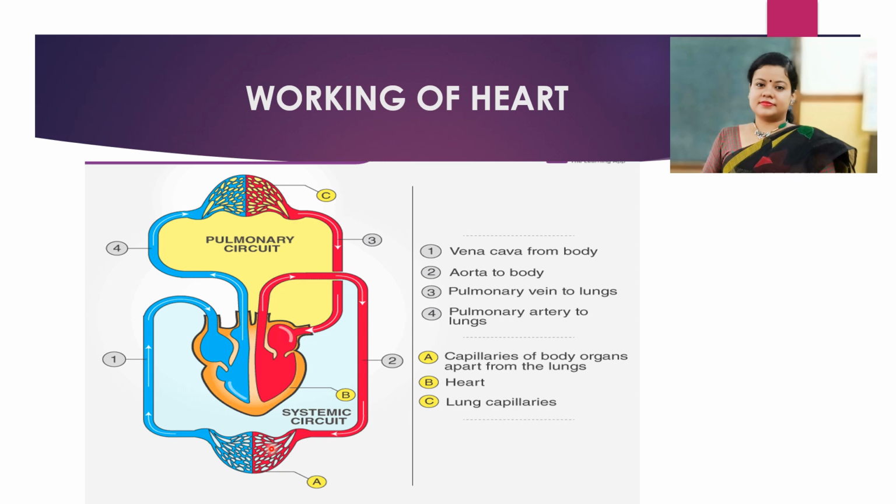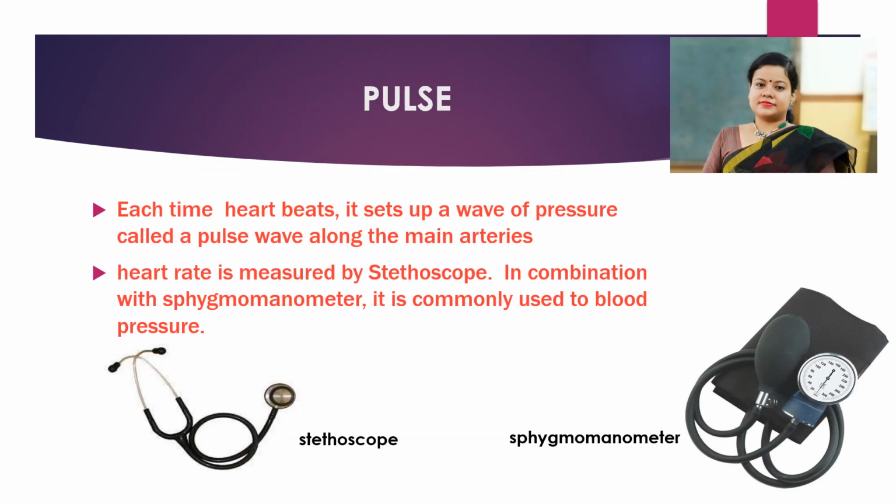So you can see two circuits are forming. The pulmonary circuit, also known as pulmonary circulation, and the systemic circuit where the oxygenated blood is supplied to all body parts, systemic circulation. This is a very interesting as well as important point to note.